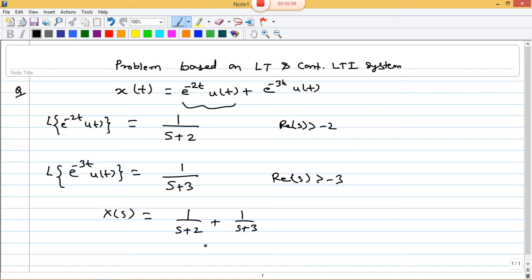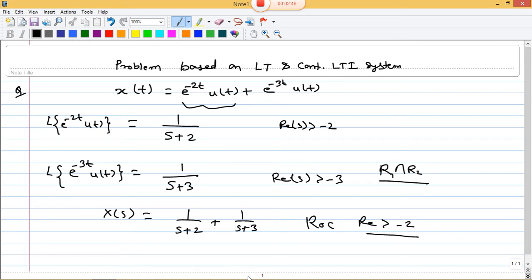Clear? And about the ROC, for this one the ROC is minus 3 to infinity, and for this one minus 2 to infinity. So the common part between these two is greater than. The ROC will be R1 intersection R2. Is that clear? So it will be greater than minus 2.